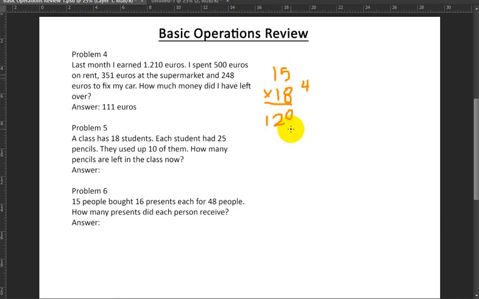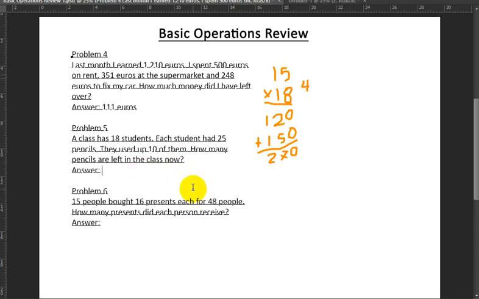And then I write 0 beneath the 1s, and 1 times 15 is going to give me 15. I add, and I get 0, 7, 2. So we have a total of 270 pencils left. Let's move on.